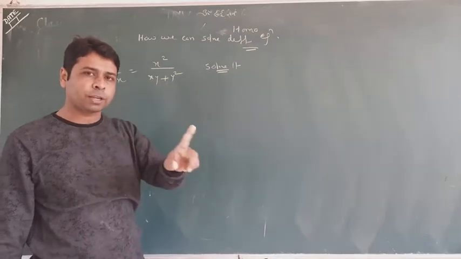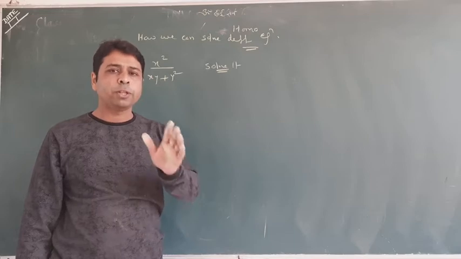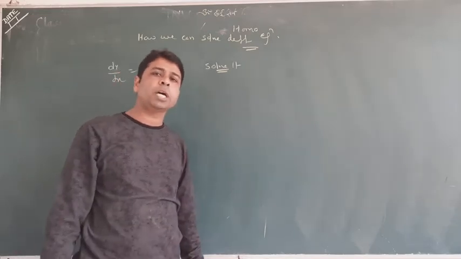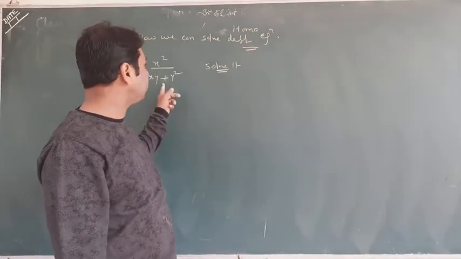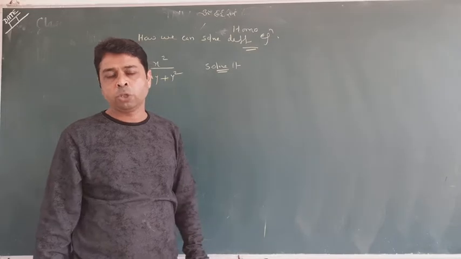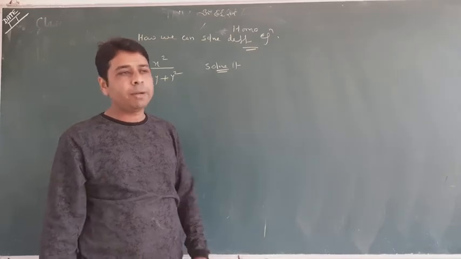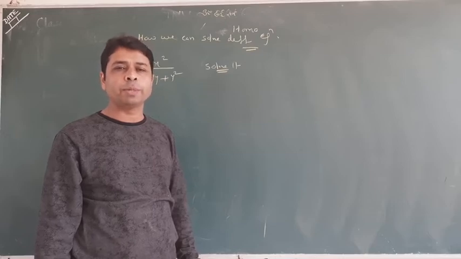The variable separable method will not be used here, because in variable separable the terms of x and y should be in multiplication or division. This time the terms are bound with plus and minus signs, so the question cannot be solved by the variable separable method.